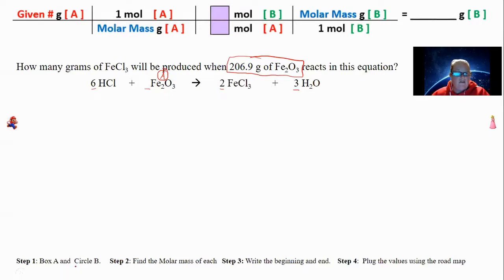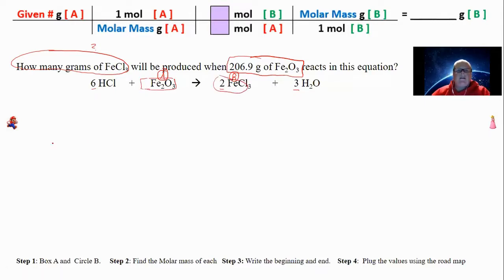Down here for step 1, put a box around A and circle B. How many grams of FeCl3? So that's my question. FeCl3 is my B. I could put a box around this and a circle around this too.